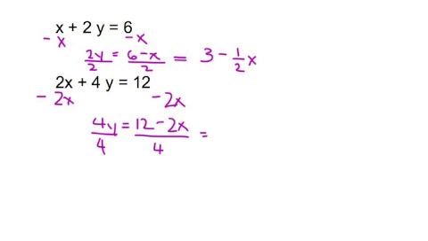And my equation then becomes y equals 3, from 12 divided by 4, minus 2 divided by 4, which is the same as 1 over 2x. So even though these two equations look different from the beginning, they're actually the same.